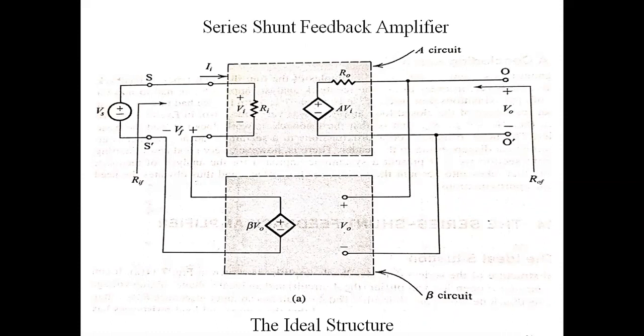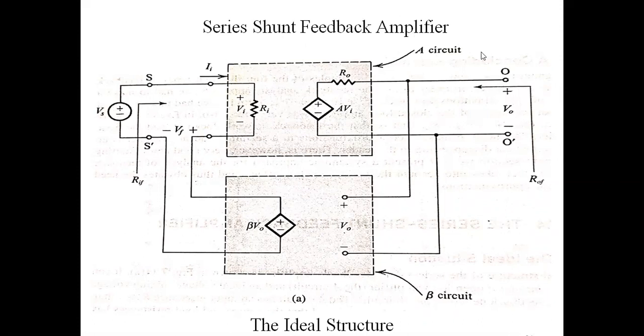It consists of a unilateral open loop amplifier, which has been shown as the A circuit, that is, the amplifier circuit. As I said, it will act as a voltage amplifier, since the input is voltage and the output is also voltage.